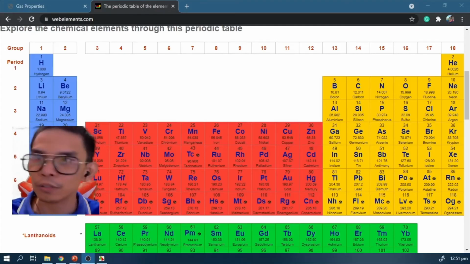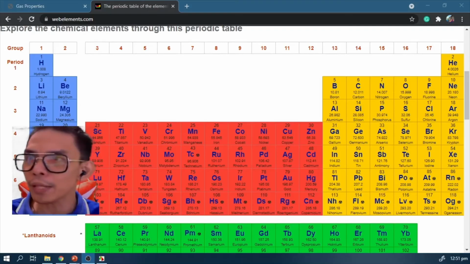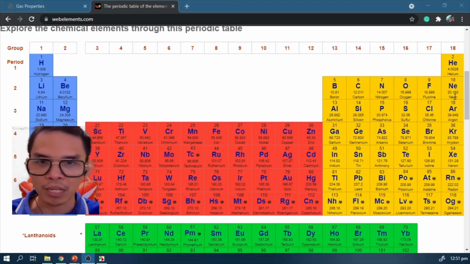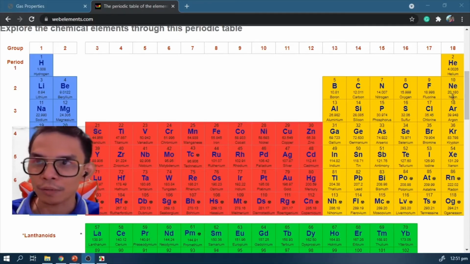If you round 19.9, it is equivalent to 20. So we can predict that the unknown gas is neon.